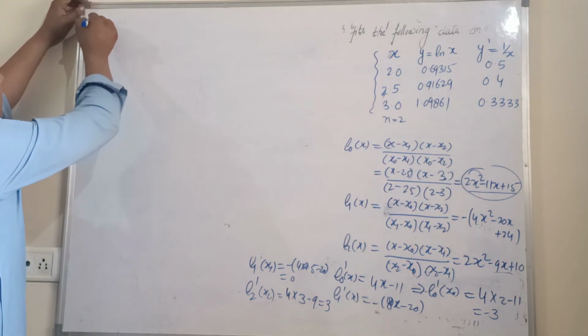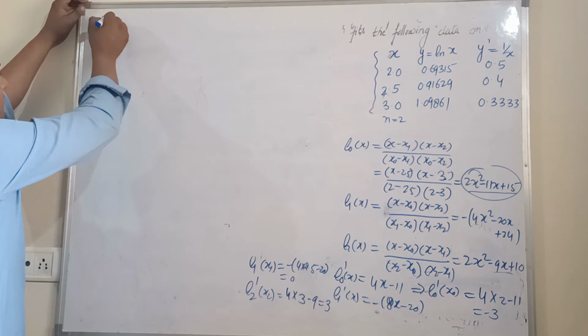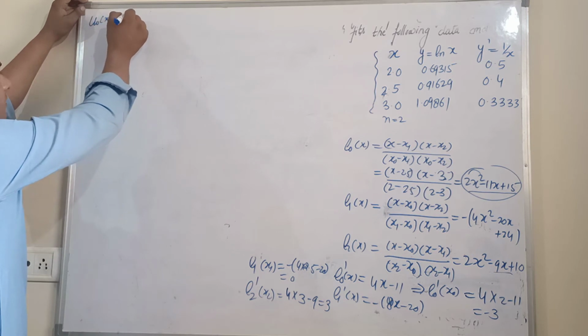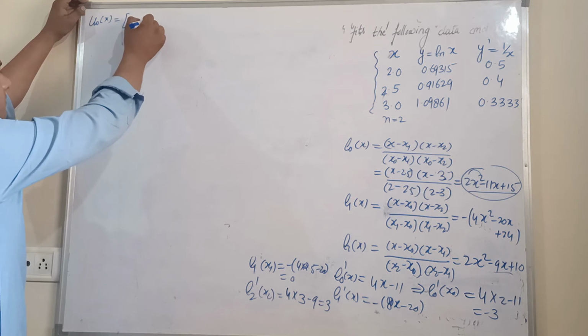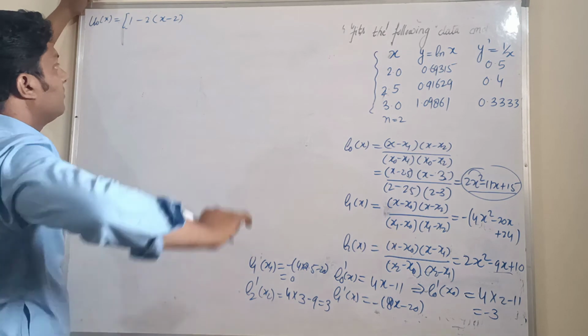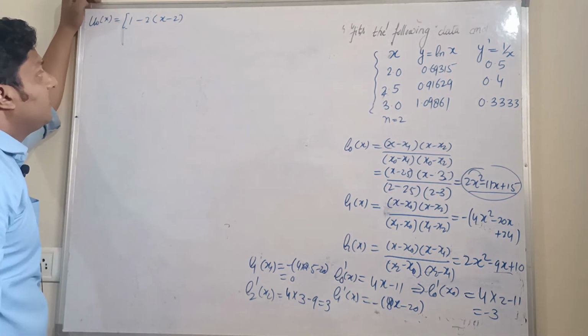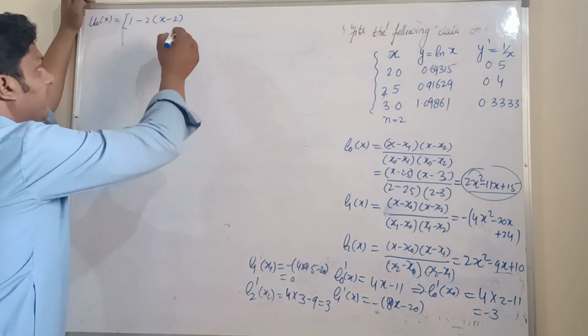So what about u0(x)? Actually, u0(x) will be 1 − 2(x − x0) L0'(x0), where x0 is 2 and L0'(x0) will be −3.